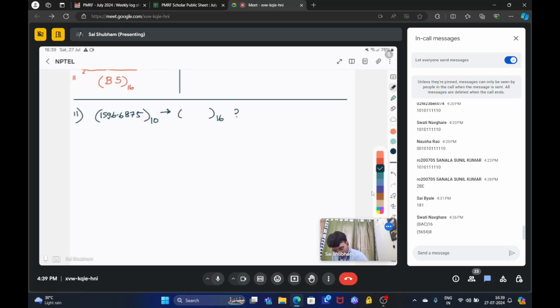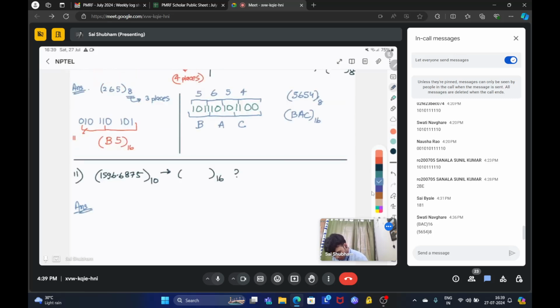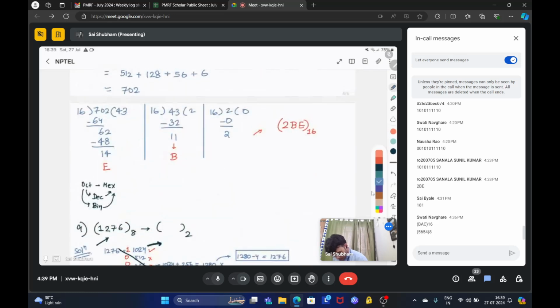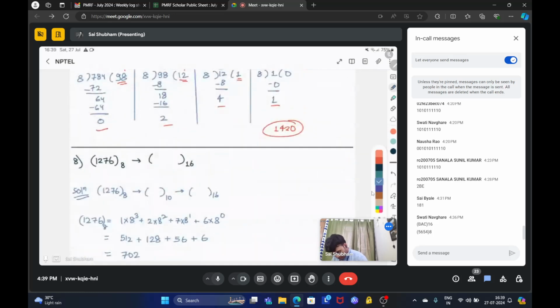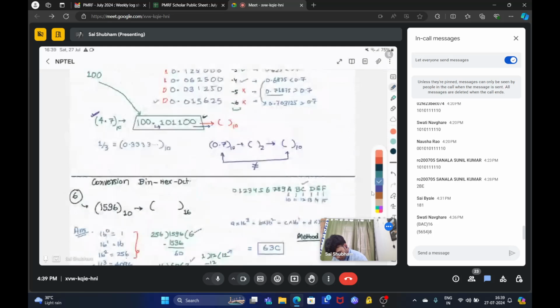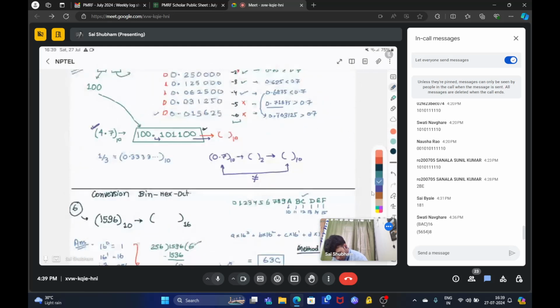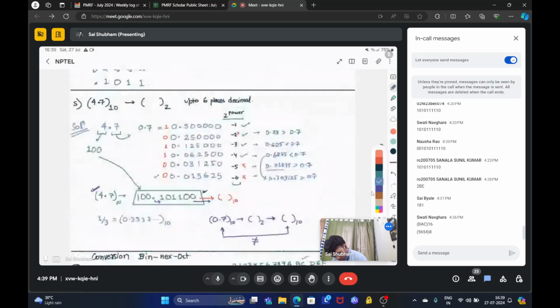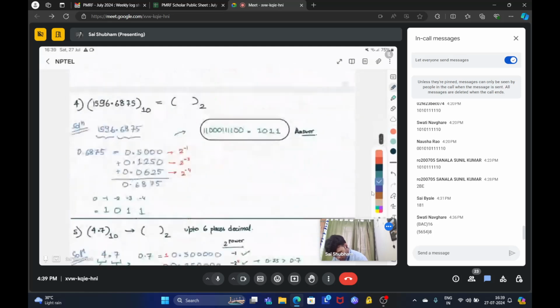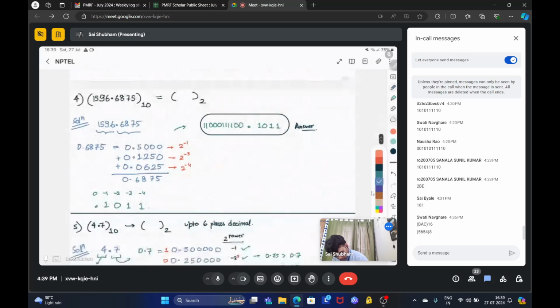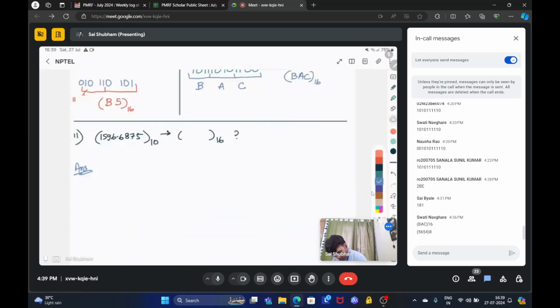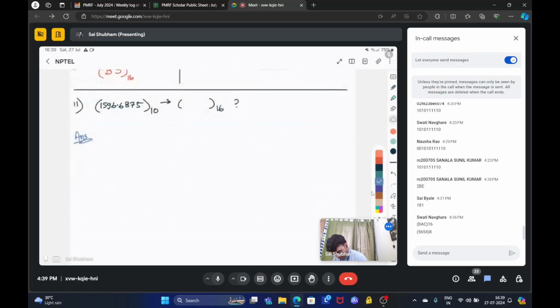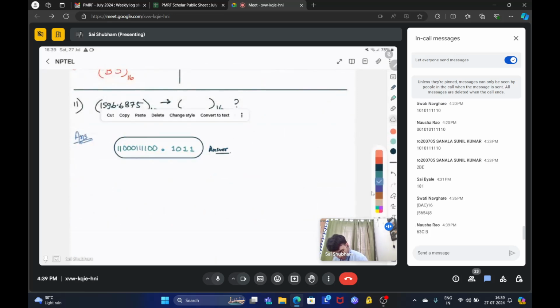So this one is easy actually. It will be, this was the answer, okay, for binary conversion.